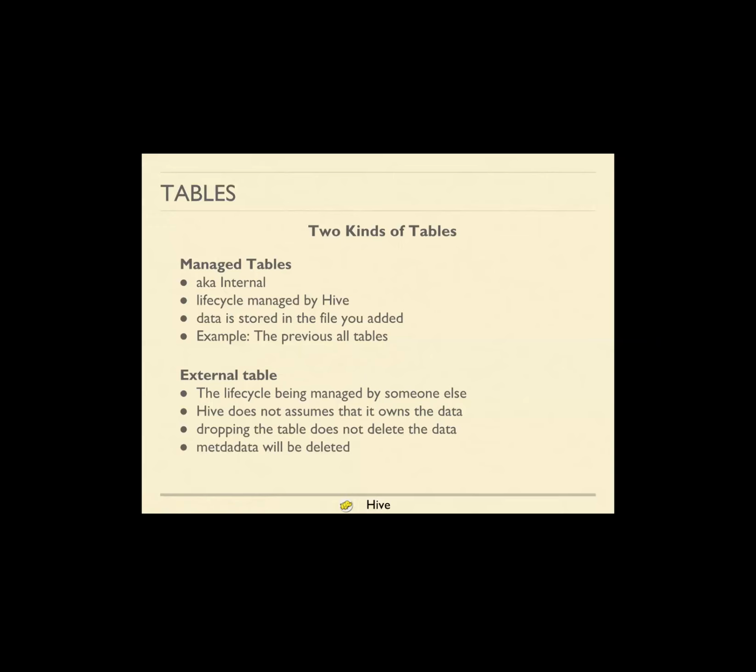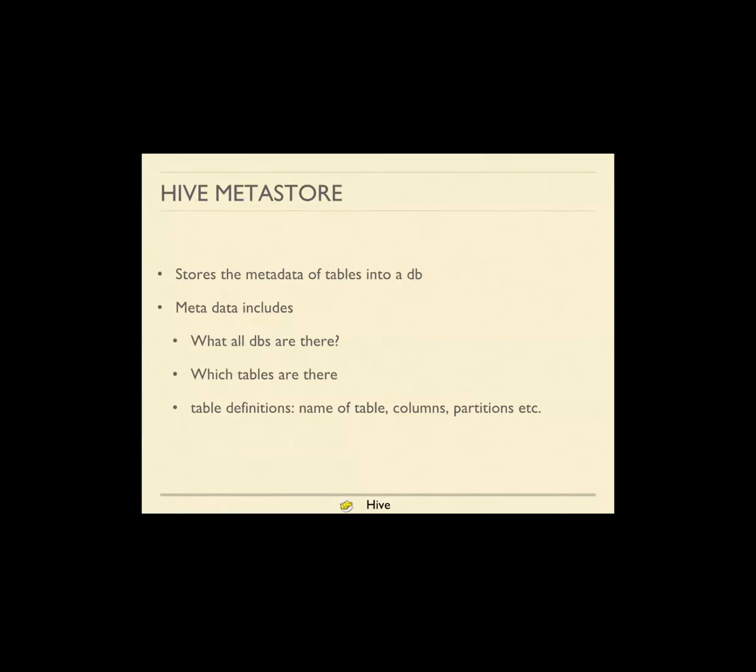The difference between managed and external is very simple. If you drop a managed table, it will delete the data. If you drop an external table, it will not delete the data. That's the only difference. Hive Metastore we have already talked about.